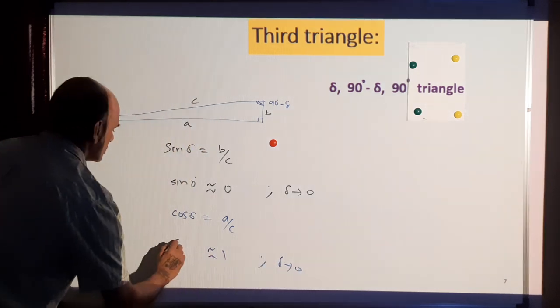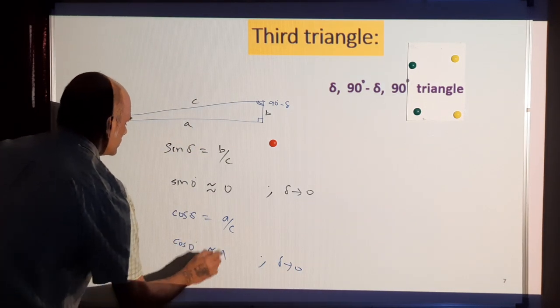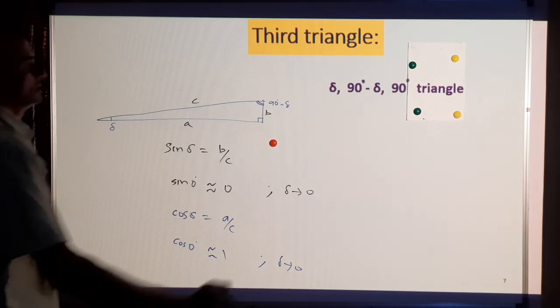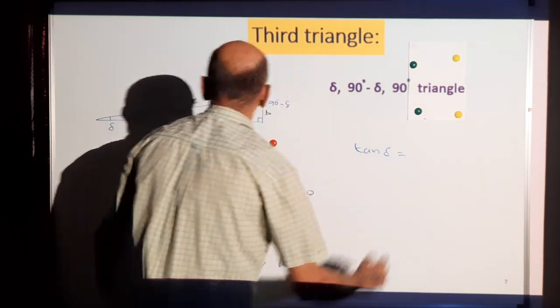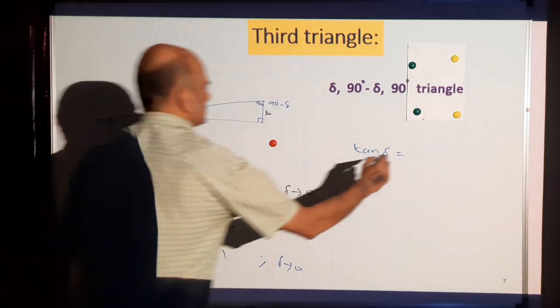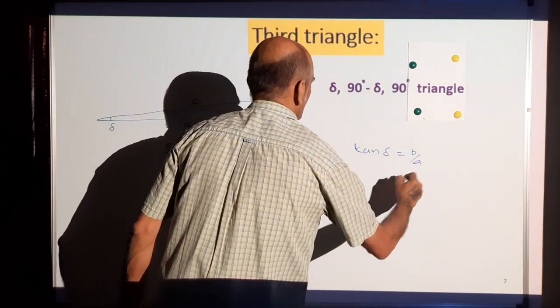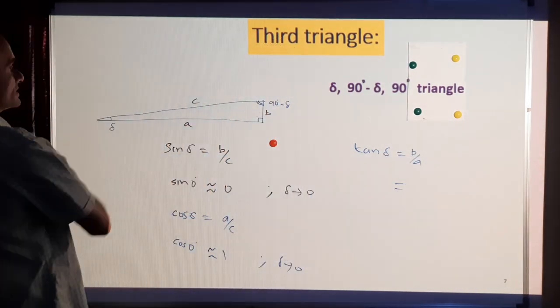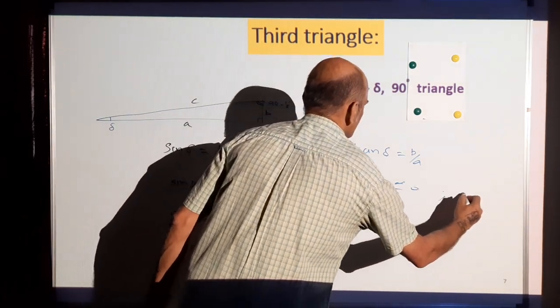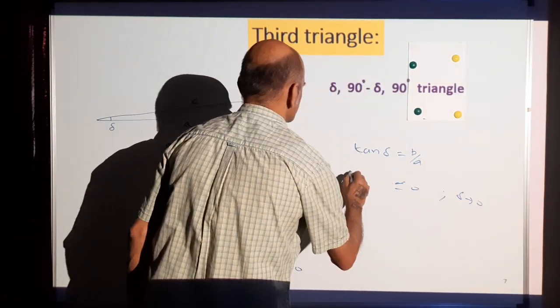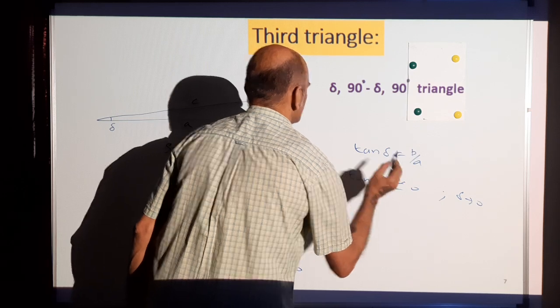So I have the result cos 0 degrees is 1. And tan delta, you get tan 0, opposite B by adjacent A, and B is very small when delta is very small. So it's approximately 0 in the limit delta tending to 0. So I get the result tan 0 is 0.